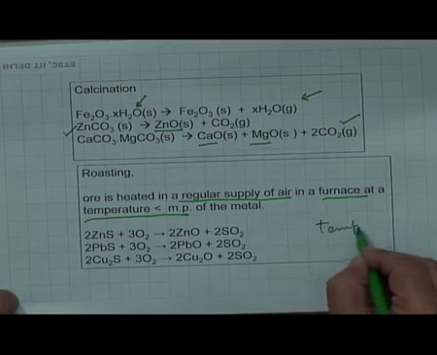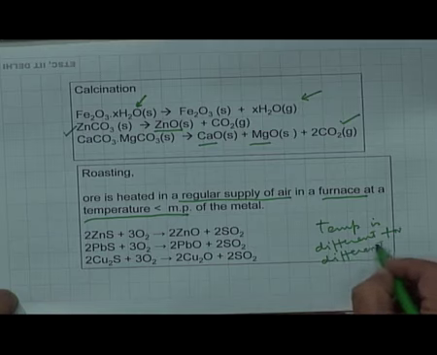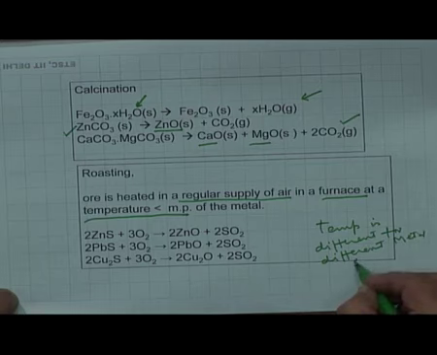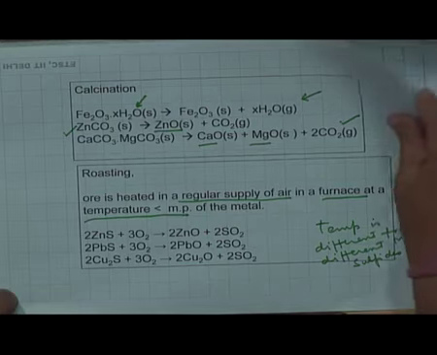The temperature is different for different metal sulfides. Or in other words, the temperature at which zinc sulphide is converted into its oxide is different from the temperature at which lead sulphide is converted into oxide, or cuprous or copper sulphide is converted into oxide.